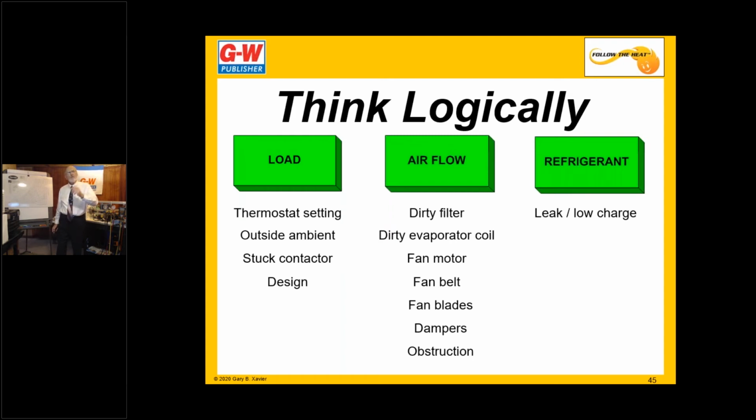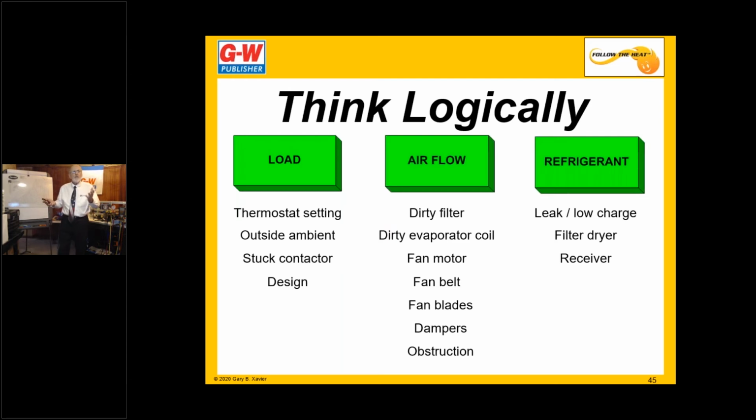So what else could affect the low side pressure, but not make the high side pressure low? What about an obstruction? What about something between the high side and the low side? What's in the liquid line between the high side and the low side? The filter dryer. Maybe the filter dryer's plugged. Maybe the receiver has a problem.